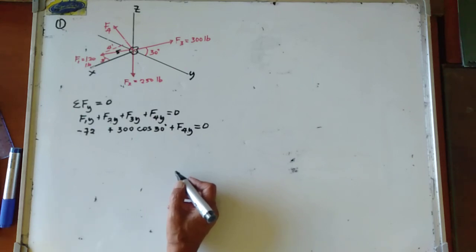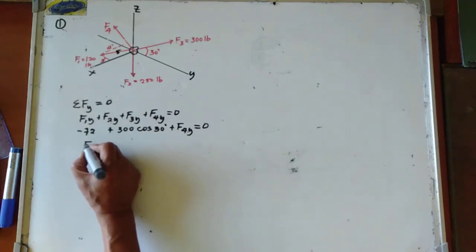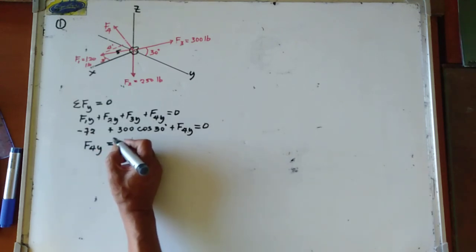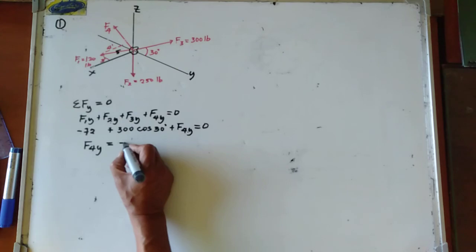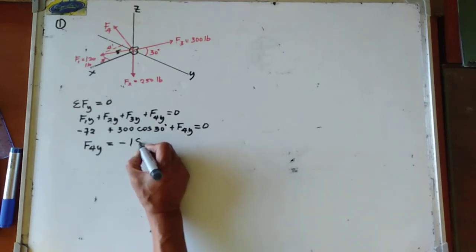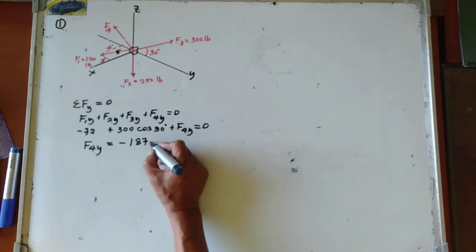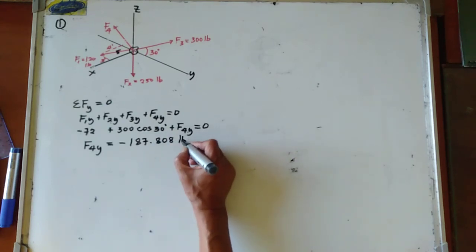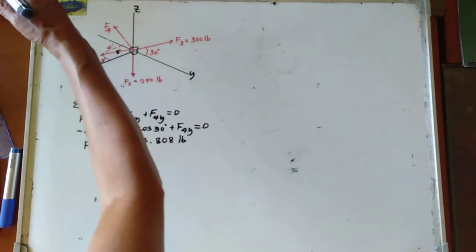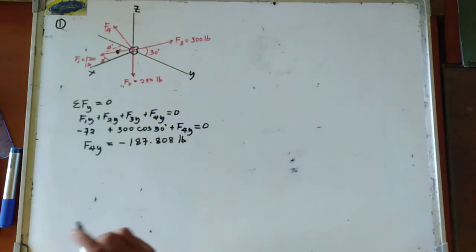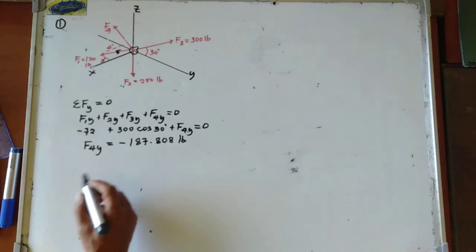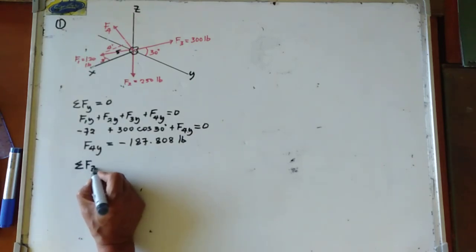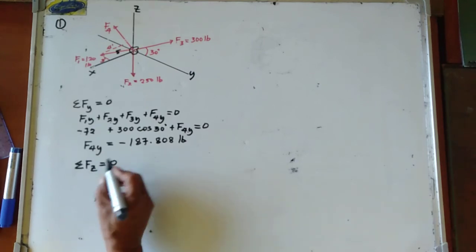Therefore, your F4y is equal to negative 187.808 pounds. So this is going left of the origin.